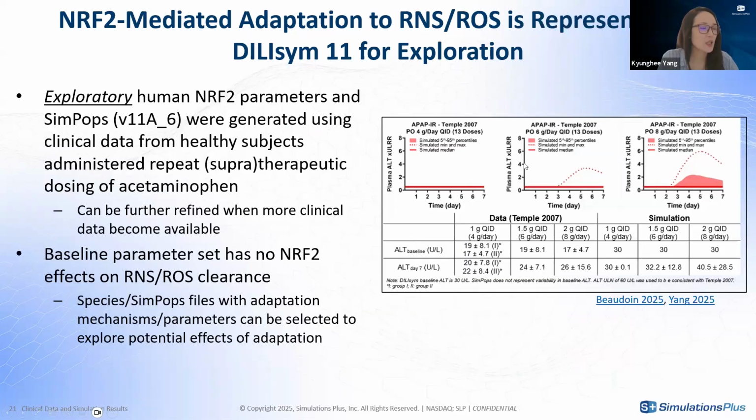So this is a data set where acetaminophen was dosed repeatedly at therapeutic and supratherapeutic doses. And in the absence of NRF2 response, the toxicity responses at supratherapeutic doses, 6 grams per day, 8 grams per day, are over-predicted compared to the clinical data. So the NRF2 parameters were optimized to recapitulate the hepatotoxicity responses to this repeat supratherapeutic dosing of acetaminophen.